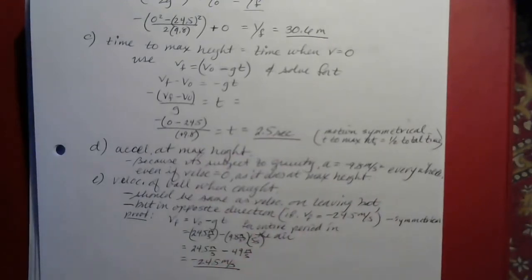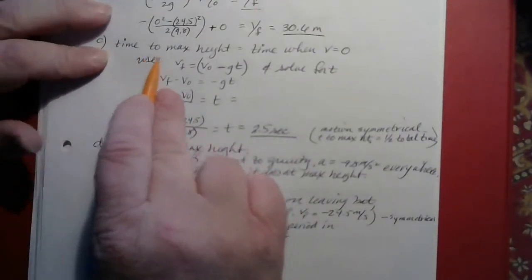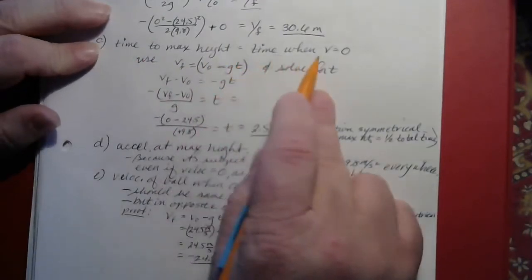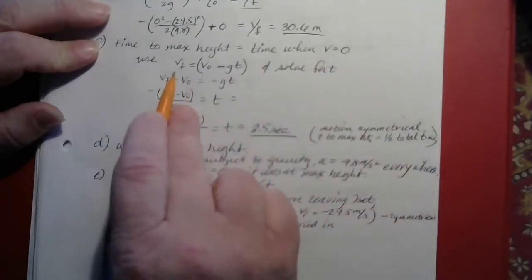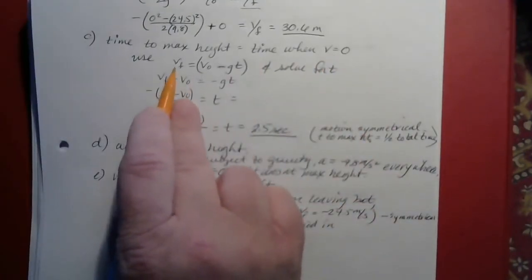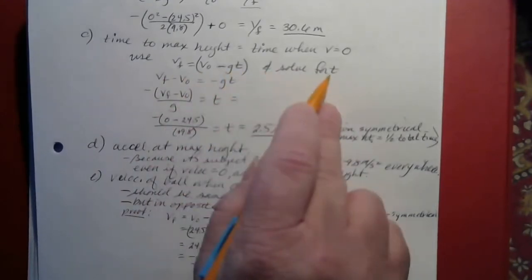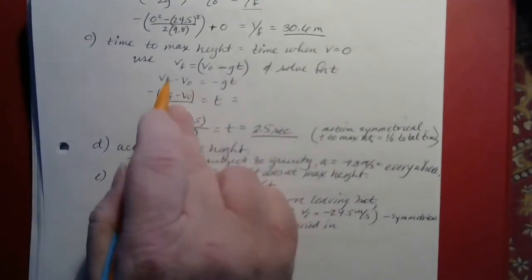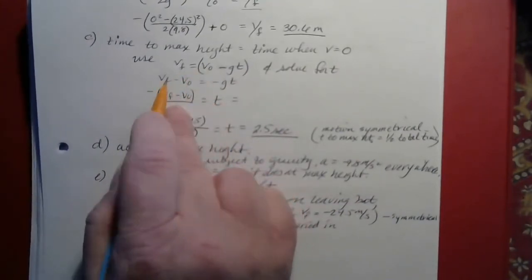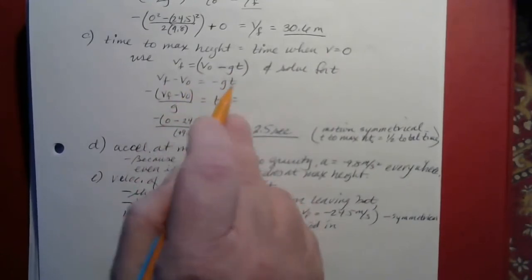So you can answer that question with logic, like I just did, or you can do it mathematically. The time to reach the maximum height is the time when velocity is 0. So to use that, you can just use the equation final velocity equals original velocity minus GT and solve for T. To get T alone, you have to take V original over to the other side. So we get V final minus V original equals negative GT.